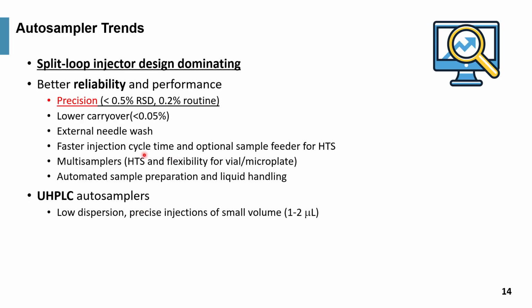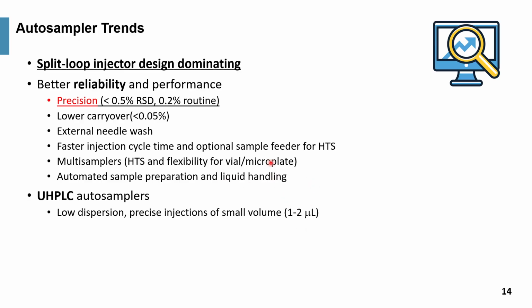For high throughput screening applications, you need a very fast cycle, right? So a lot of injectors can make a very fast injection cycle. Also, there's the emergence of something called the multi-sampler, designed for high throughput screening, meaning a very short cycle, and also flexibility for both vial and microplate applications. Some of the newer ones would also support automated sample preparation and liquid handling.